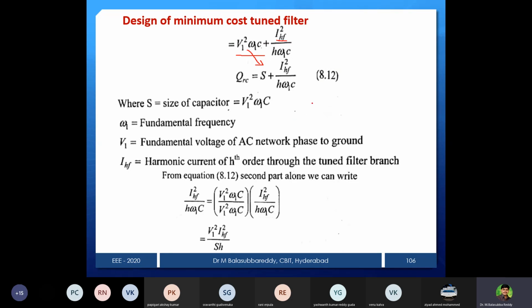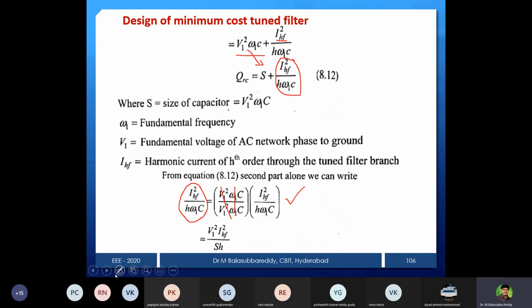So now we can simplify the second term I am writing. The first term as usual S I can keep. What is the second term? It is I square by H omega C. Just a simplification I am going to do in terms of S quantity, that is the size of the capacitor. So what we can do is you can see the first factor V1 square omega 1C by V1 square omega 1C, it won't affect anything because this will get cancelled. So whatever I am representing, the second term, that we can retain as such.